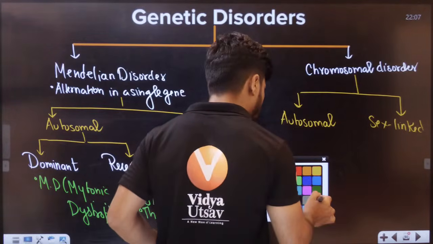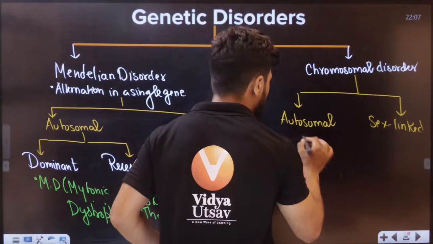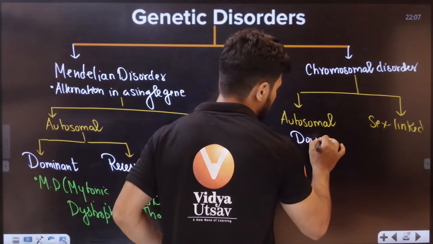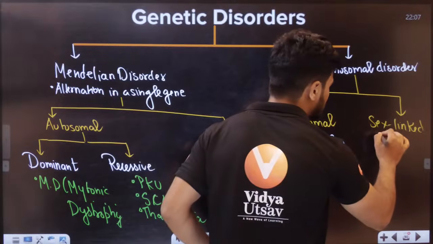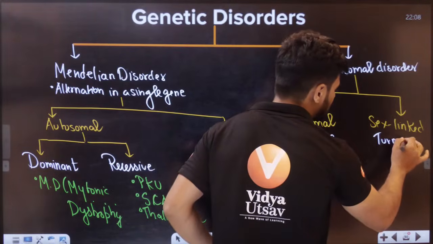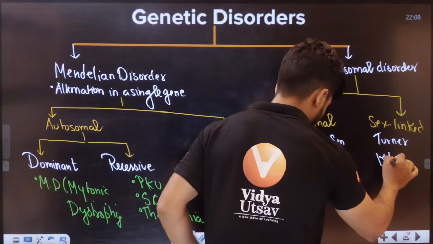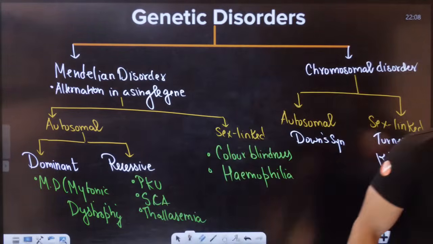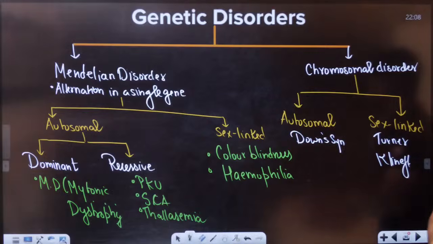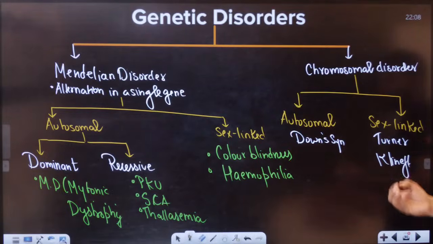Under autosomal we have Down syndrome. Under sex linked there is Turner syndrome as well as Klinefelter syndrome. I'm going to move aside, students, and all of you need to absorb this information.